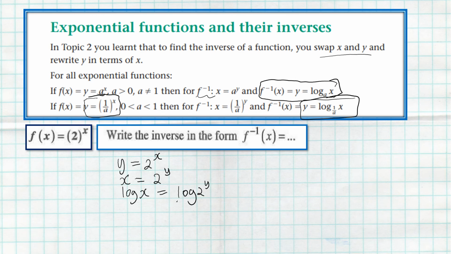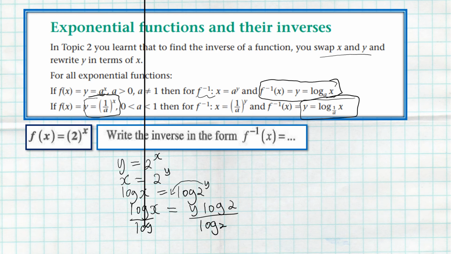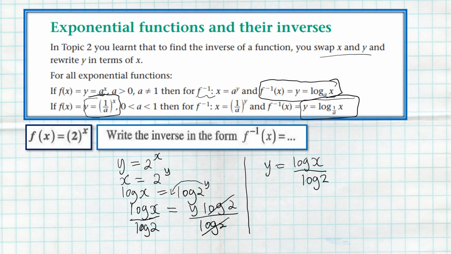After applying log here, the rule says this y can now go and be in the same position as those things. So we'll have log x equals y log 2. Very easy to solve for y. We just divide by log 2, then this log 2 and log 2 cancel. Then you are left with y equals log x over log 2. Okay, think of rule number 4 now, right?